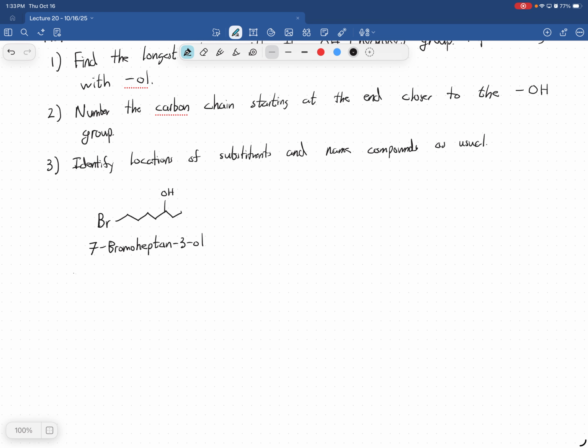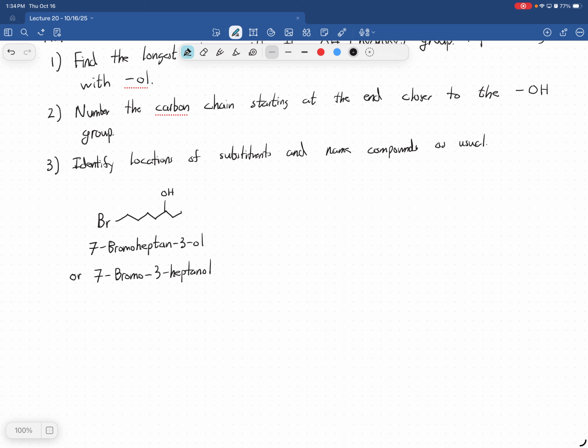I write it like this: 7-bromo-3-heptanol. So you take your pick, okay? Both are equally right. Are there any questions about this example?